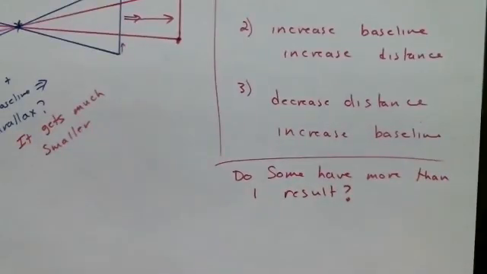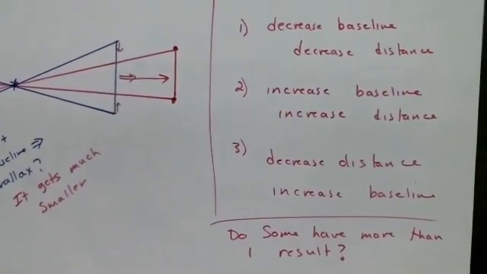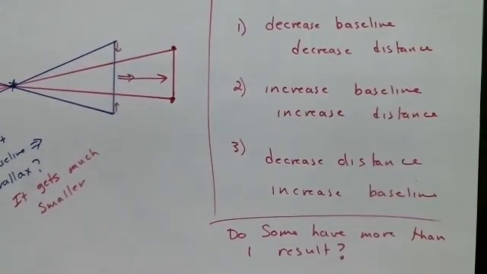The answer is yes. See if you can tell me which ones. All right, so those are the scenarios. Once you've got the answer, you can put that in and move off of the show and do the other activities.